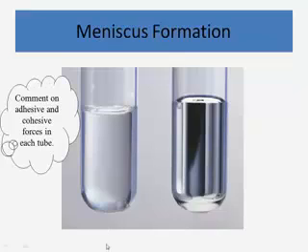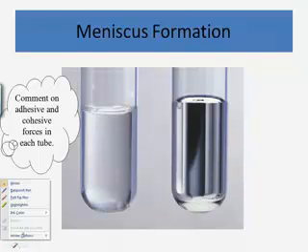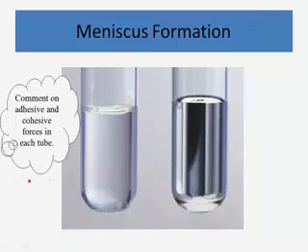Okay, another example of something that's affected by the relative strength of adhesive and cohesive forces. This is the meniscus. And here we can see we have two different substances in a test tube. And this one on the left has more of a concave kind of meniscus, whereas this one on the right has got a convex meniscus.